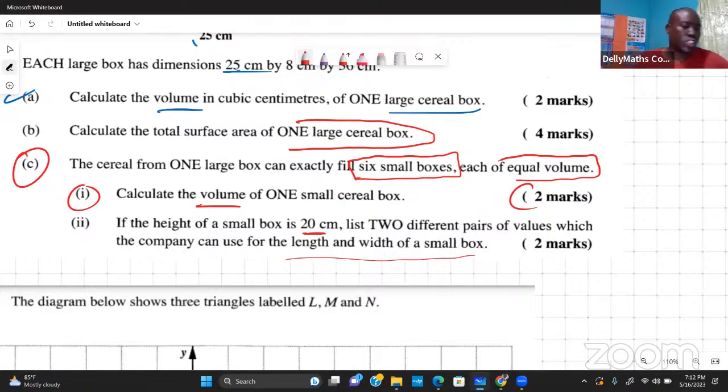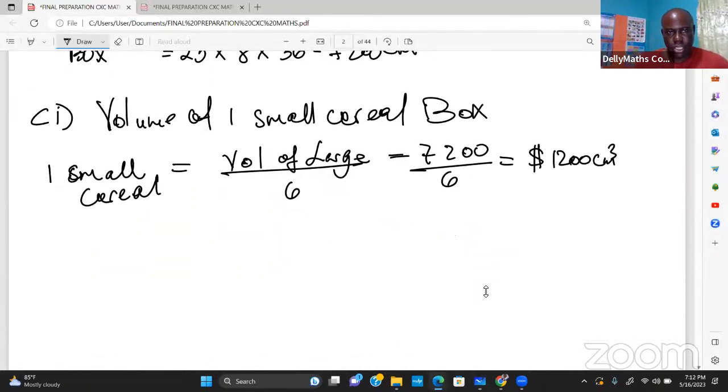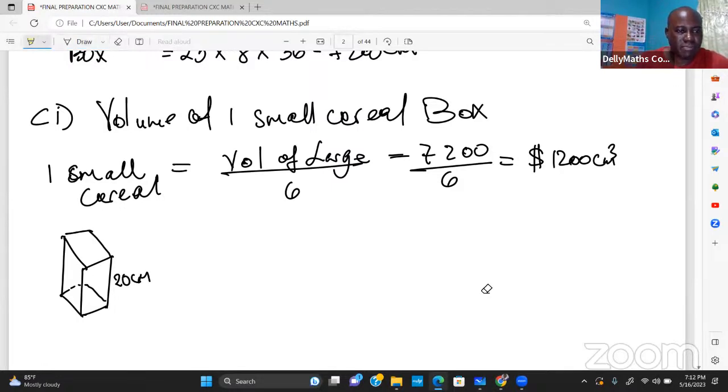All right. Now the height is 20. Let's go back to this. What they're suggesting to you is that you have a box, small one. They are saying it is 20 high. Now, they're asking you, what could this be?